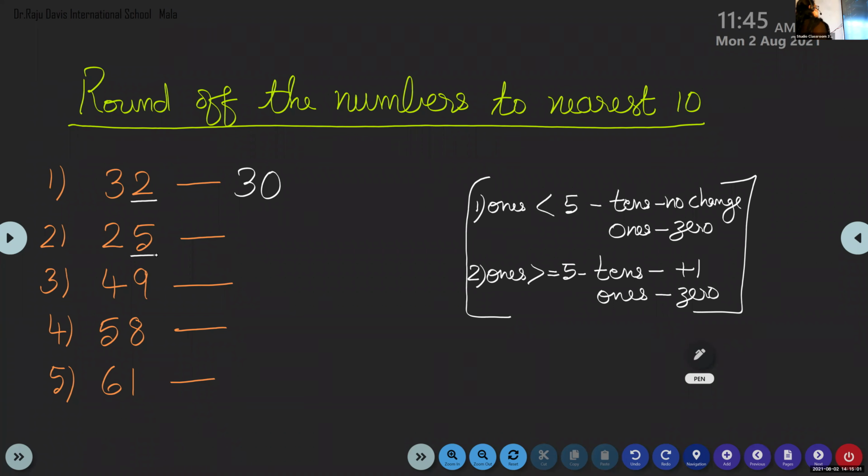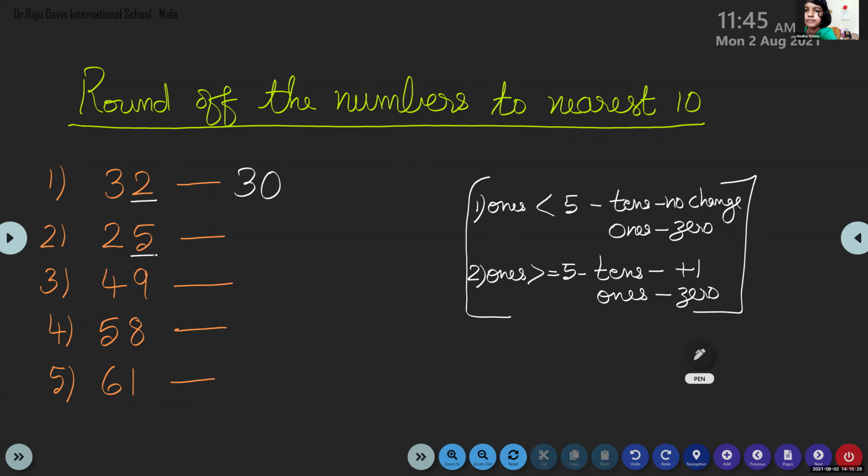Medha, second rule. 5 is equal to 5, so we have to follow the second rule. So what will be the answer? What is to be done? Okay, just tell me the answer, dear. 30.